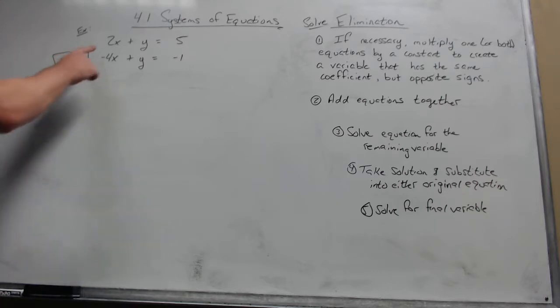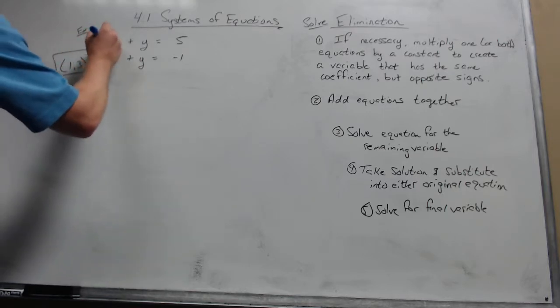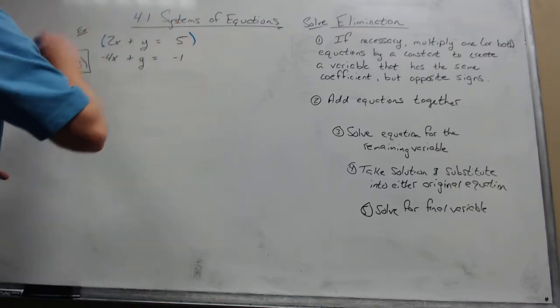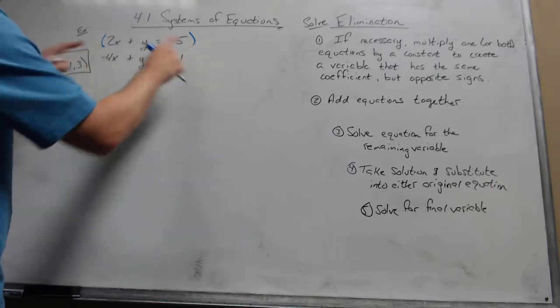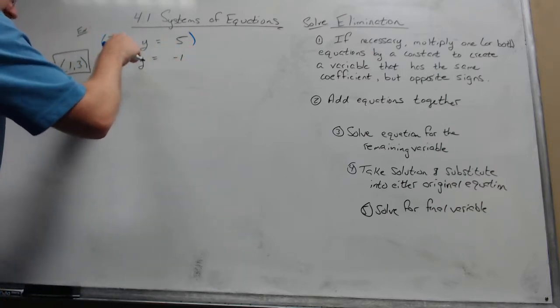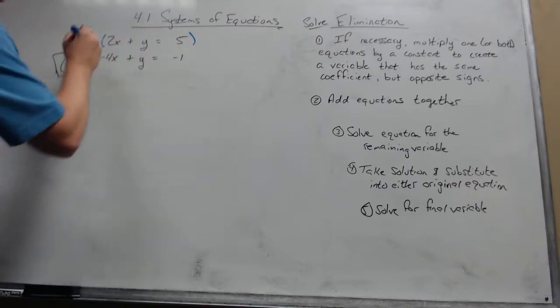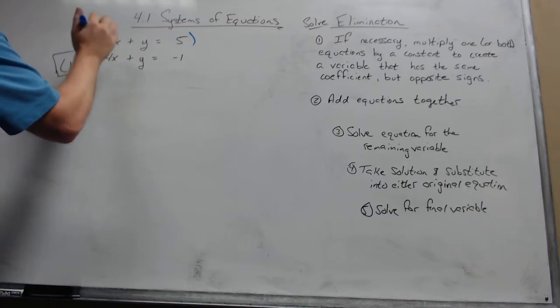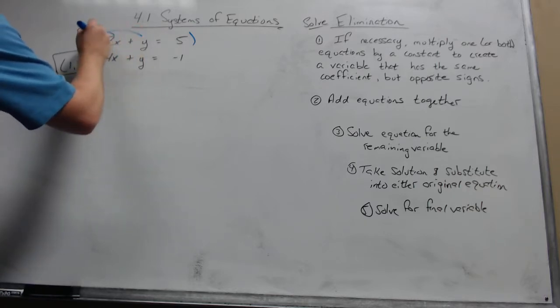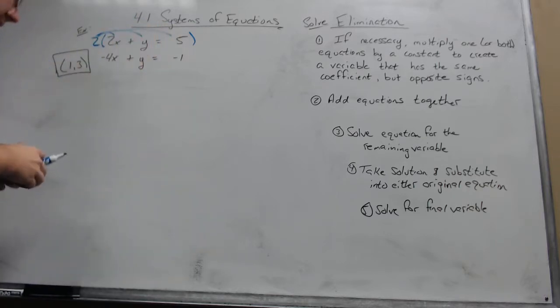I just want to make sure that these two coefficients are going to cancel each other out. So the coefficient we would have to multiply the whole top equation by. This isn't the greatest notation, but it does illustrate that we want to make sure every single piece gets multiplied by 2. Now we can see 2 times 2 will be 4, and kind of distribute this even to the other side of the equation.